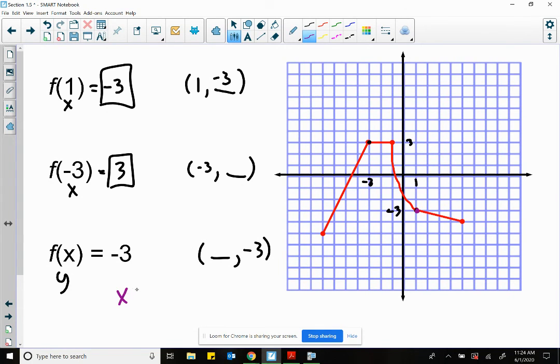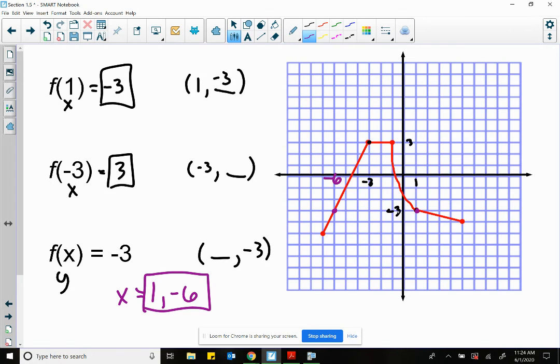So we know x is equal to 1. But if you look back the other direction, oh my gosh, there's another place. What is that x value? Well, that's 1, 2, 3, 4, 5. It's at a -6.